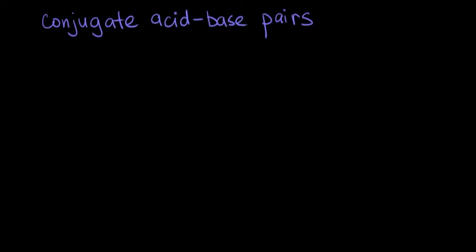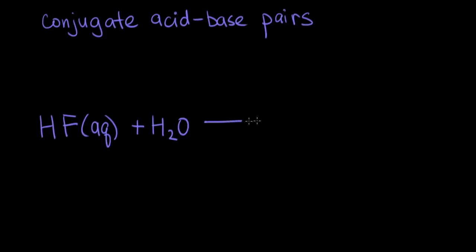In this video, we're going to be talking about conjugate acid-base pairs. We're going to introduce the idea of a conjugate acid-base pair using an example reaction. The example reaction is between hydrogen fluoride, or HF, and water. So hydrogen fluoride is a weak acid, and when you put it in water, it will dissociate partially.